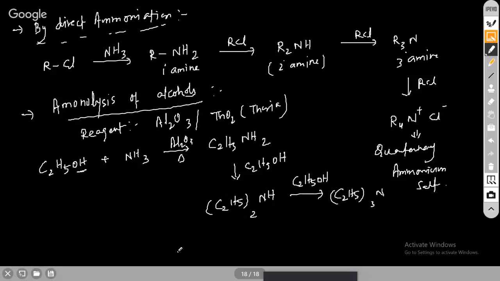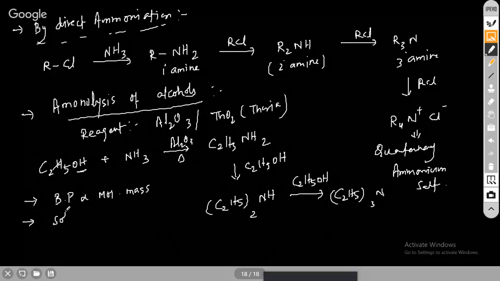Anyway, write down the properties of amines. First point: lower amines are gases or low boiling point liquids. Next point: boiling point is directly proportional to the molar mass.